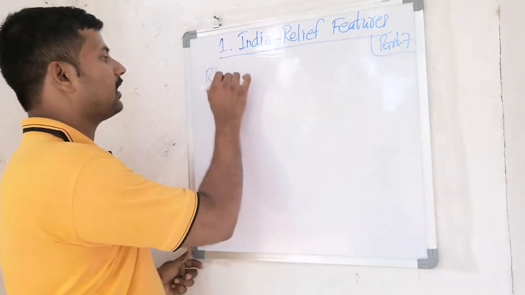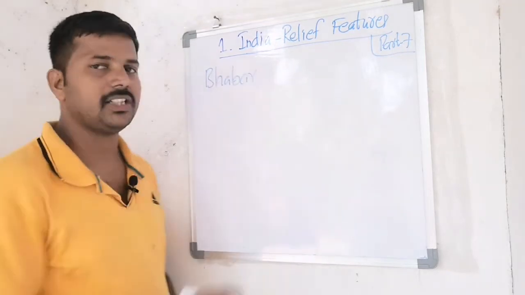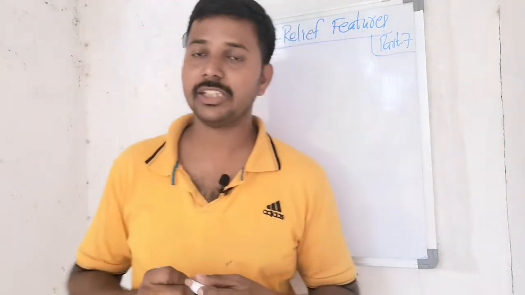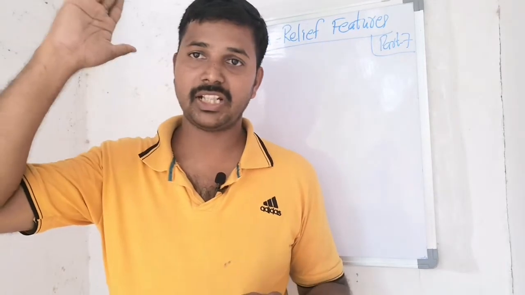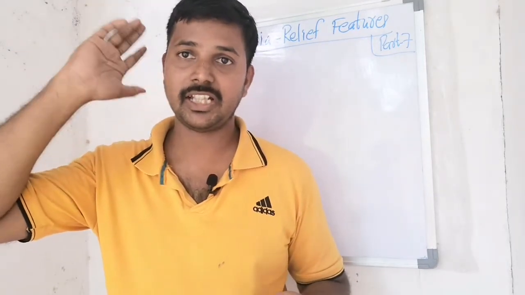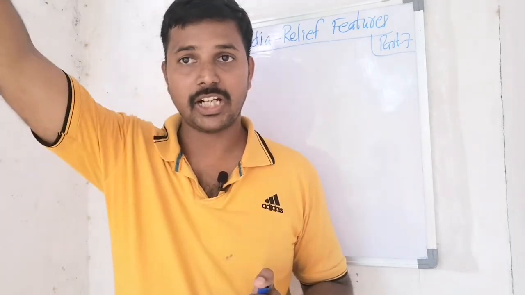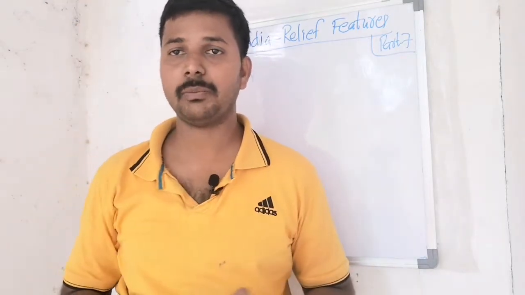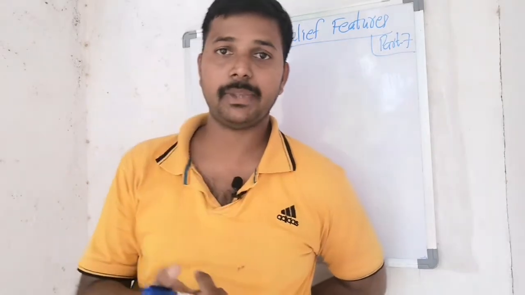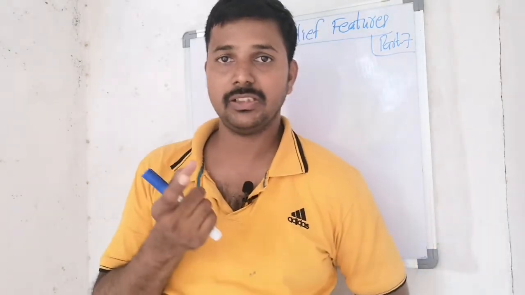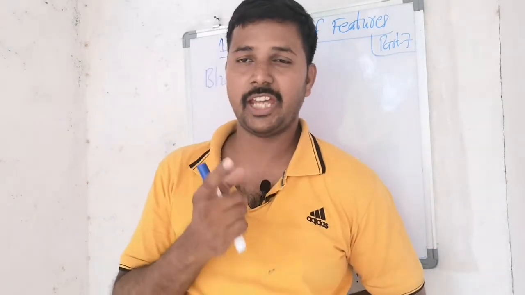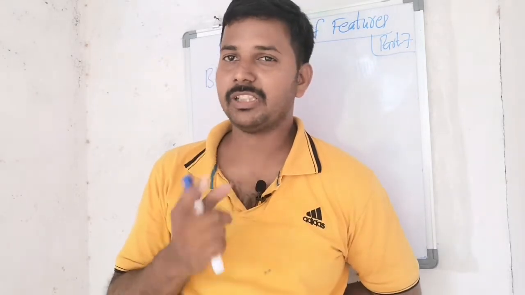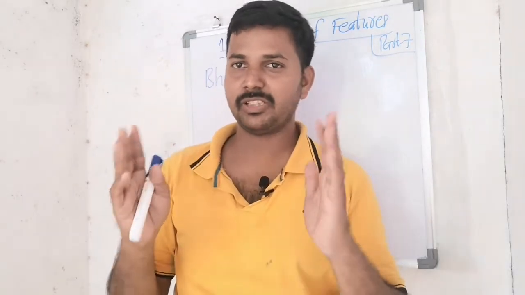So what is called Babar? Babar means the Himalayan rivers like Indus, Ganga, Brahmaputra, when they start flowing from the Himalayas and enter the plains region, they bring silt, gravel and pebbles. Pebbles means small stones and sometimes big stones also.